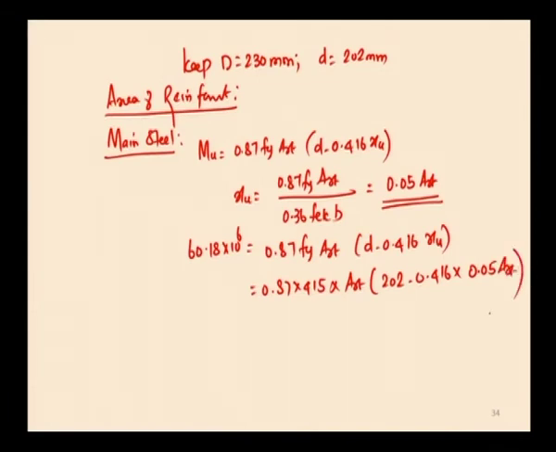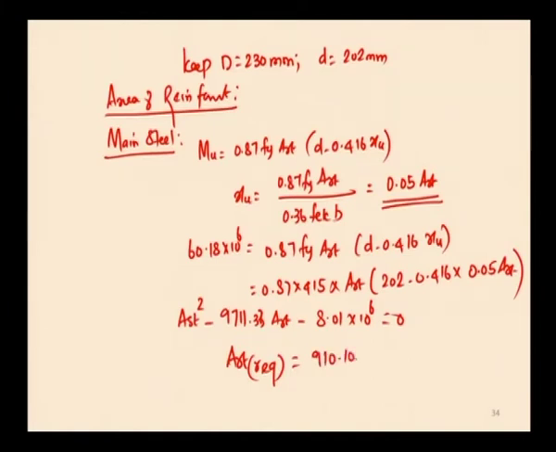Now, by simplifying this expression, I am getting a quadratic equation: Ast square minus 9711.33 Ast minus 8.01 into 10 to the power 6 is equal to 0. By solving this quadratic equation, I am going to get 2 roots. I am going to select the minimum root since it is a singly reinforced section, that is 910.10 millimeter square.